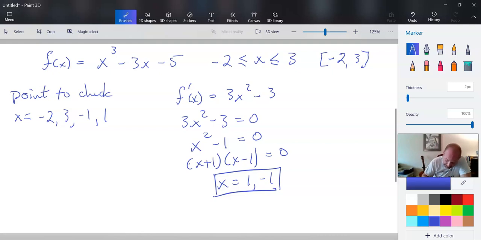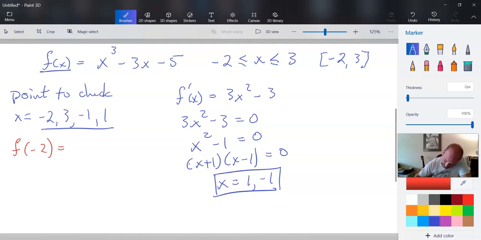So we're going to be taking these points and plugging them back into this function and seeing what their function values are. And then the biggest one is going to be our global maximum, and the smallest one will be our global minimum. Okay, so let's see. F of -2. Let's see, -2 cubed is -8.